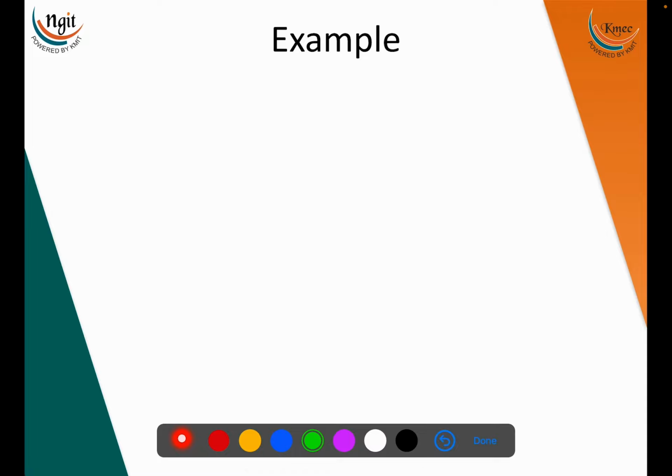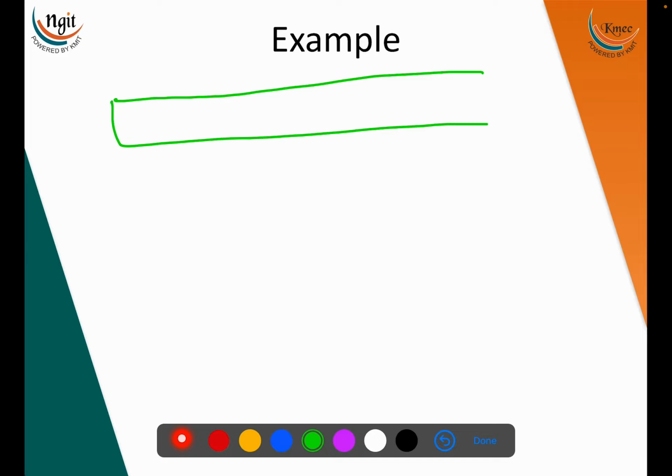Max and min is a recursive algorithm that finds the maximum and minimum of the set of elements a of i to a of j. First, I am taking some list so that we can understand easily. My list of elements are 5, 10, and so on. It doesn't mean that you have to take the same elements, or that there is any constraint to take only ascending or descending order.